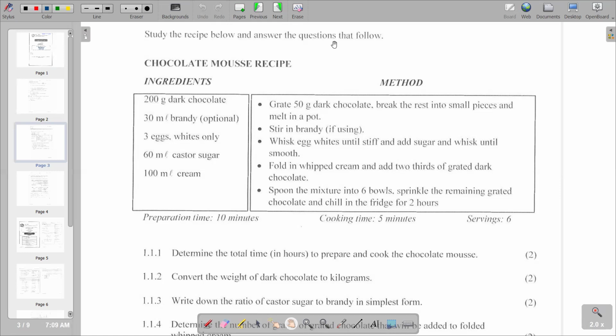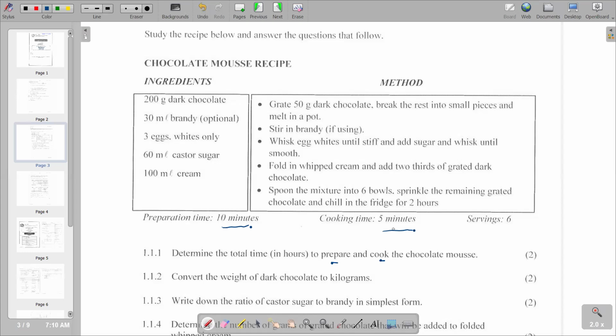So we can refer back to the information that we are given. You would see that the preparation time is 10 minutes, and then the cooking time is 5 minutes. We are being asked about the preparation time and the cooking time. So obviously, we're going to say 10 minutes, and then we get our 5 minutes, and then your answer is 15 minutes.